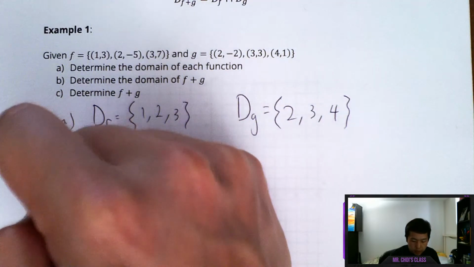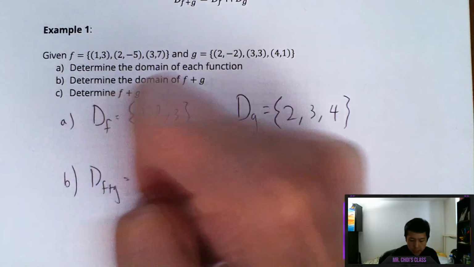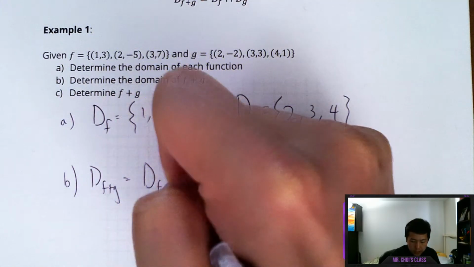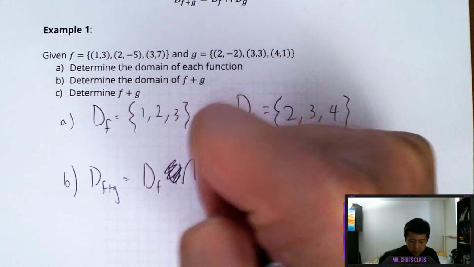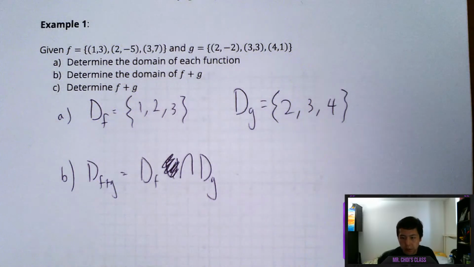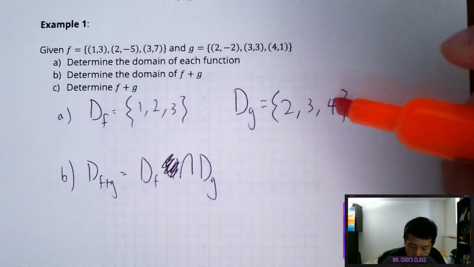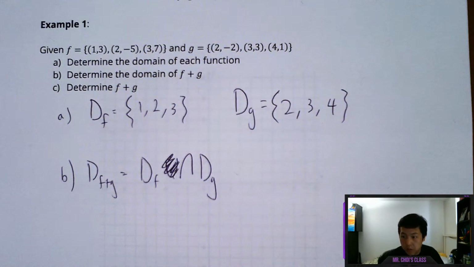So the domain of f plus g, like we said, is equal to the domain of f intersecting with the domain of g. Okay? So it has to intersect with the domain of f and the domain of g, which means when we look at the domain of both functions here, we're looking at what numbers repeat, what numbers exist for both domains.